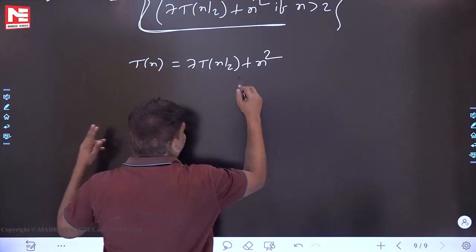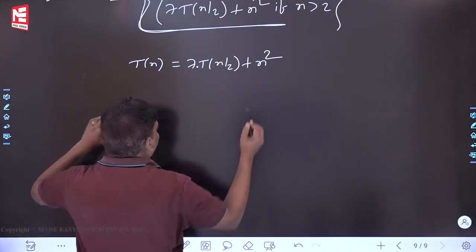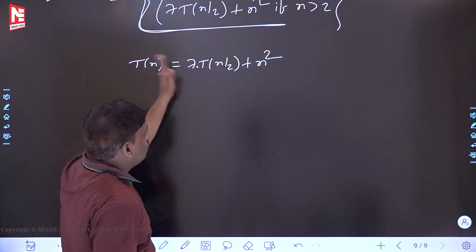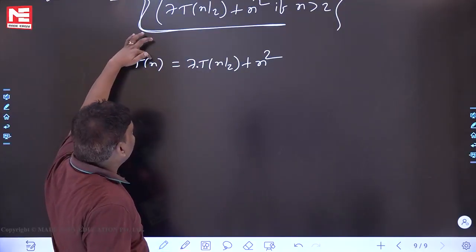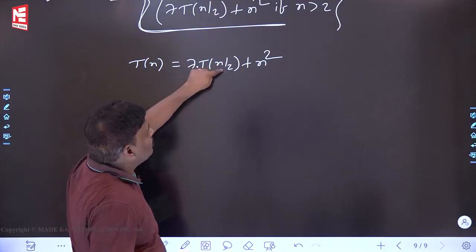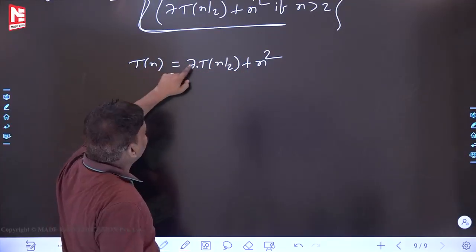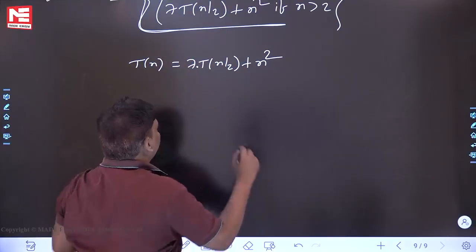Now please be careful, it's this one: 7 into T(n/2) plus n square. Before continuing further, be comfortable with the problem. What is the meaning? Let's check by giving numerical values: T10 is equal to 7T(10/2) plus 10 square. Next, T25 is equal to 7T(25/2) plus 25 square. Similarly, let me substitute.